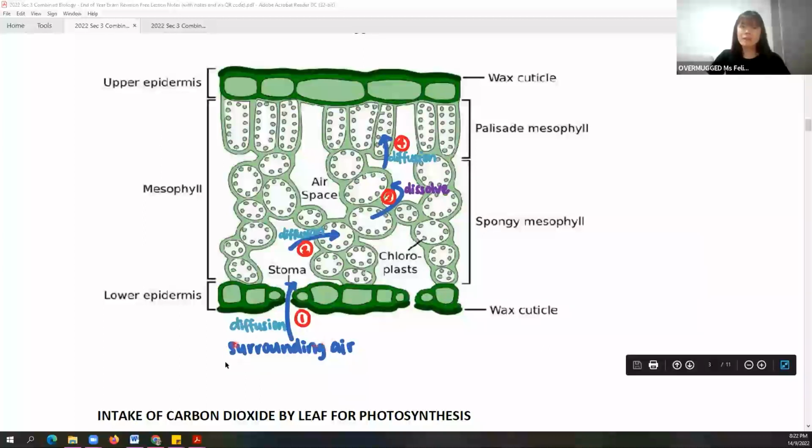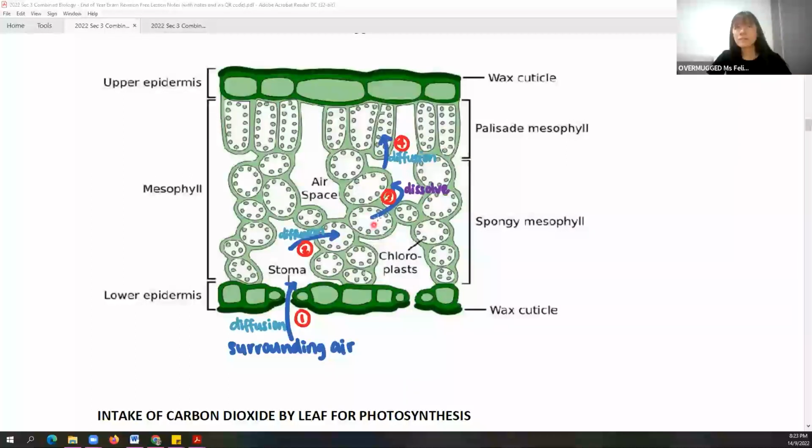For carbon dioxide to reach here, first, carbon dioxide is from the surrounding air. It has to enter through the stoma into the intercellular airspace. For it to move from one region to another, this process is diffusion, because carbon dioxide moves from higher to lower concentration. Next, the carbon dioxide will move from the intercellular airspace into the spongy mesophyll, also by diffusion.